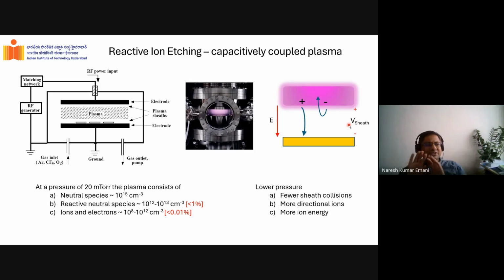Sheath is essentially something which is covering, right? Think of this plasma. Around the plasma, you have a kind of a region without any plasma density. That's a sheath. And the voltage across this small region typically is like 400, 500 volts, or even 300, 400 volts maybe. And because of that voltage, they'll get accelerated and then they'll hit the surface with high energy. Did I answer your question, Akshay?